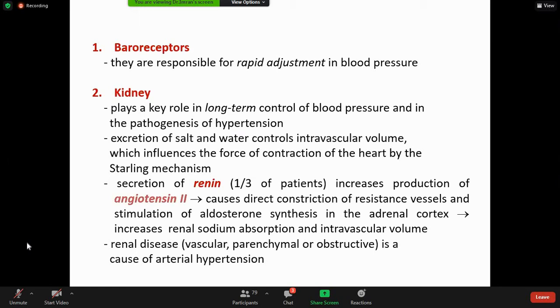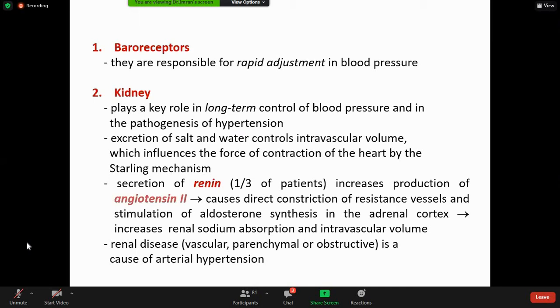Increased water and salt reabsorption will lead to increased blood volume, and increased blood volume will exert a pressure, right? So this is a very important mechanism. That means there are some drugs, and if they inhibit the release of renin, we can inhibit the activity of angiotensin II.